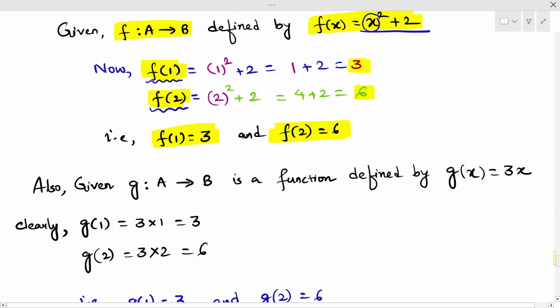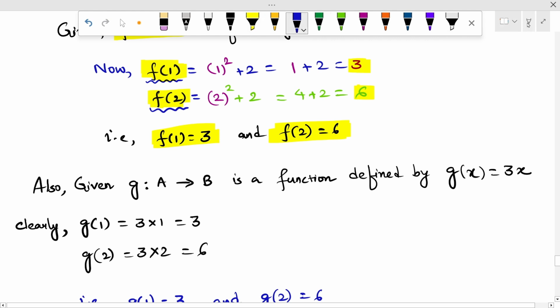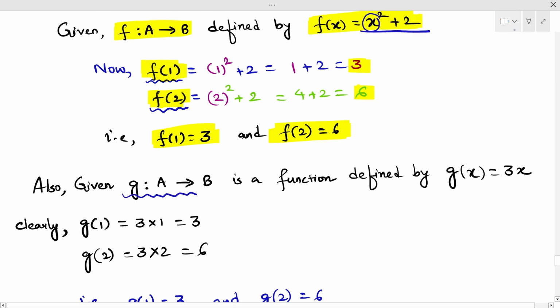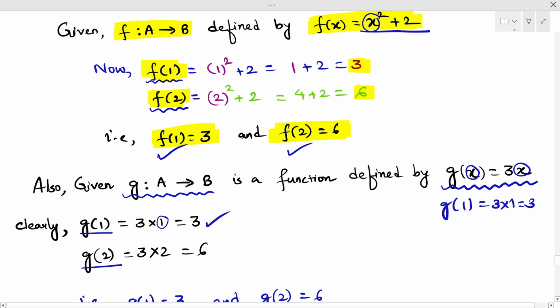Let's check for the function g also, right? So now g is a function from A to B, defined by g(x) equals 3x. Now we find the value of g(1) and g(2) and then compare with f(1) and f(2). So in place of this x, we can put g(1) equals 3 times 1, which is 3, right? And in place of this x, to find g(2), put x is 2. 3 twos are 6.